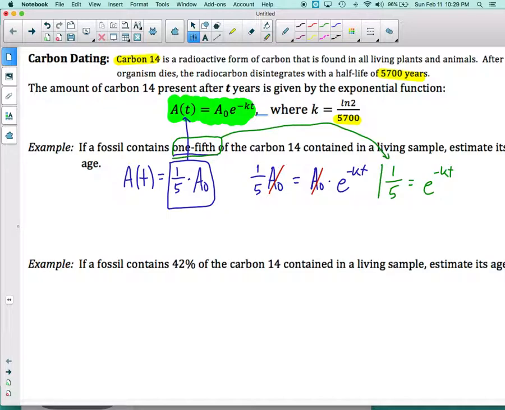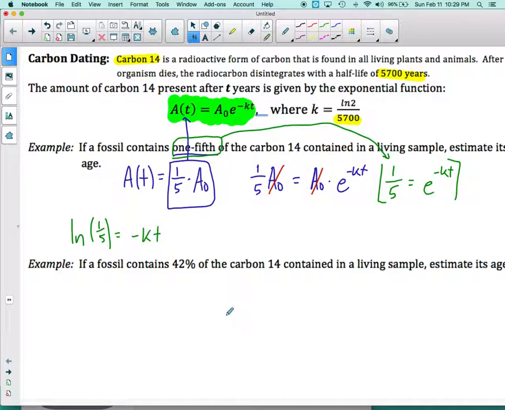So here's our actual equation that we're going to solve. So you notice we have an exponential equation. Of course, we're going to turn that into a logarithmic equation. And since it's base e, it's going to be natural log. So that's going to be the natural log of 1/5. I'm going to put that in parentheses since it's a fraction, equals negative kt.